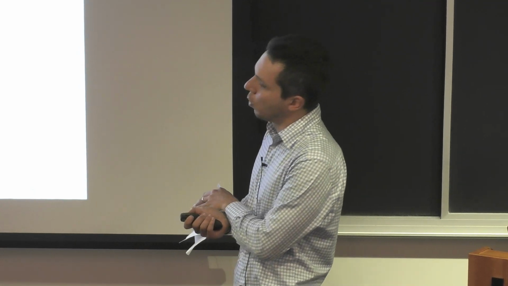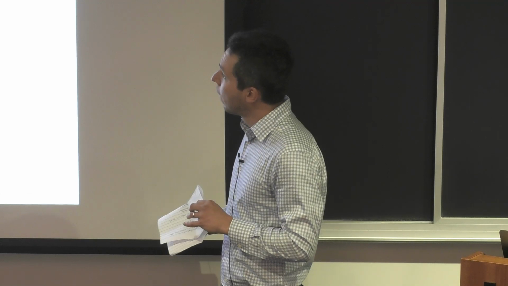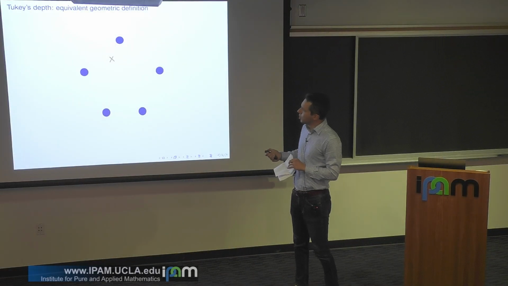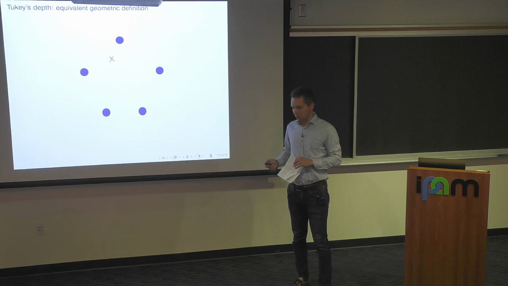Let me show you maybe another way to think about it that is often, at least to me, more palatable. So here's another geometric definition. Let us consider this arrangement of 5 points. And again, I take another point. I want to understand what is the depth of this cross relative to the circles.